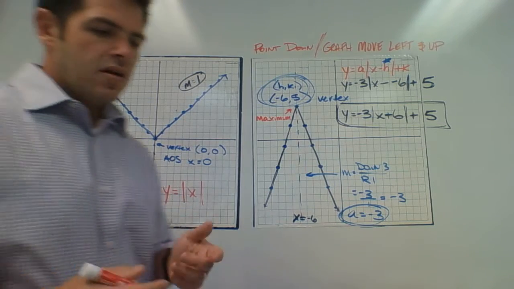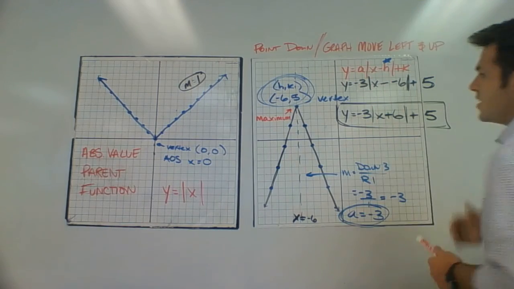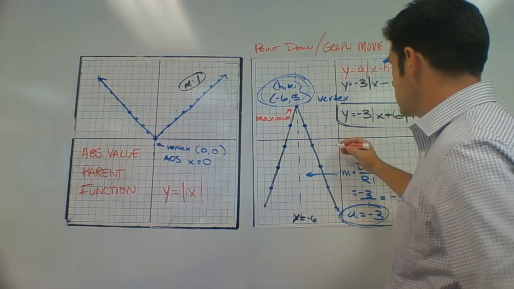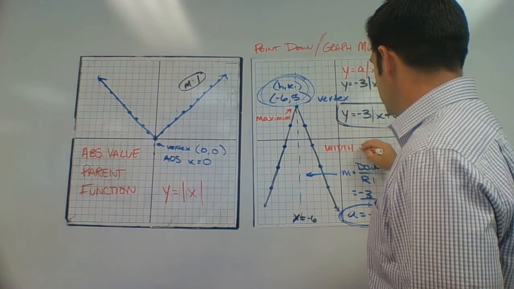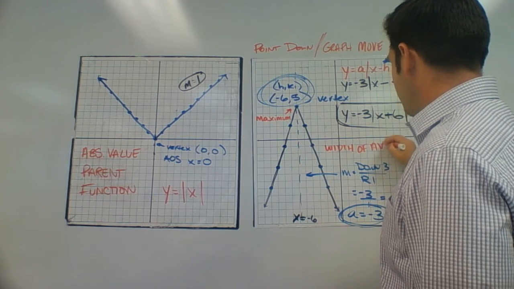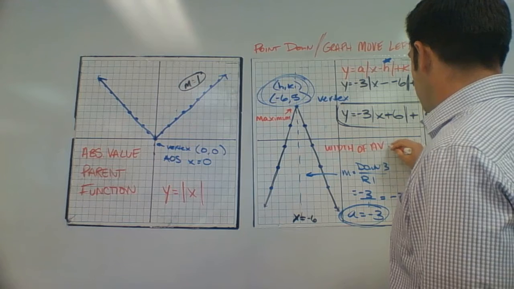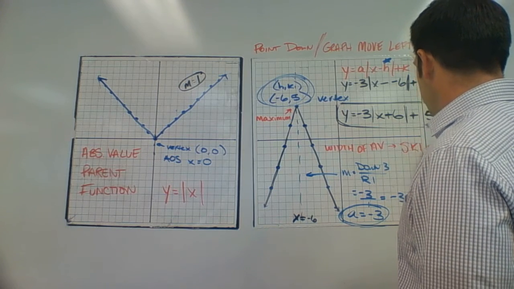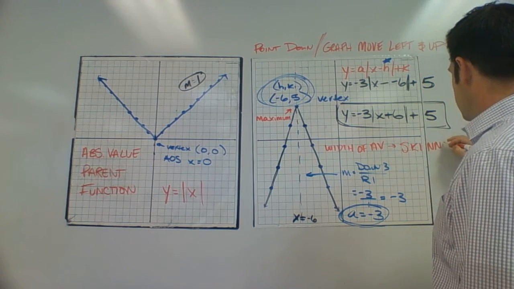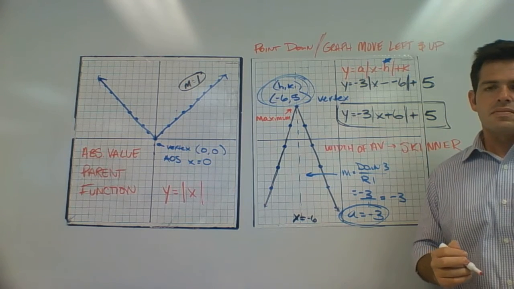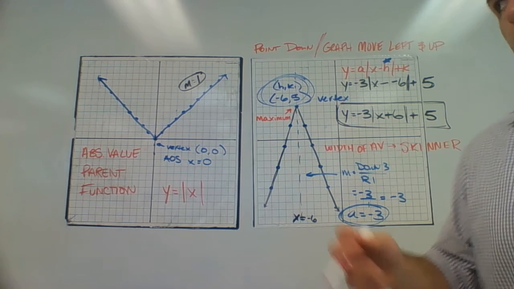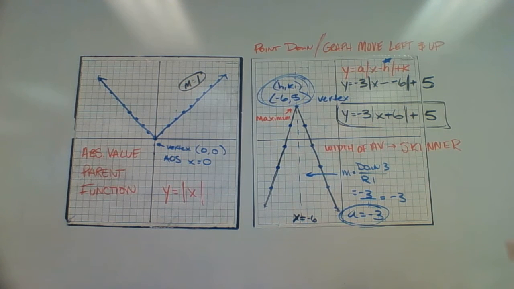So the width of the absolute value is now skinnier. Again, a huge amount of information from one picture here in particular, but we're giving it over to you, and hopefully you're starting to see a pattern that will continue in the next video.